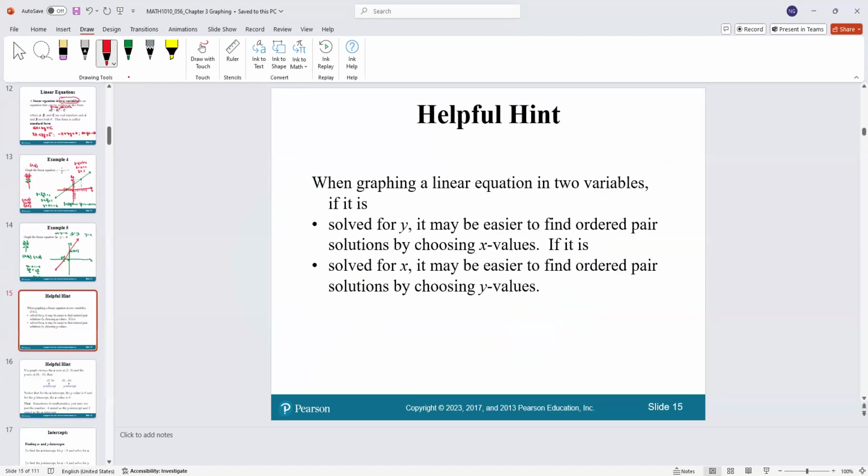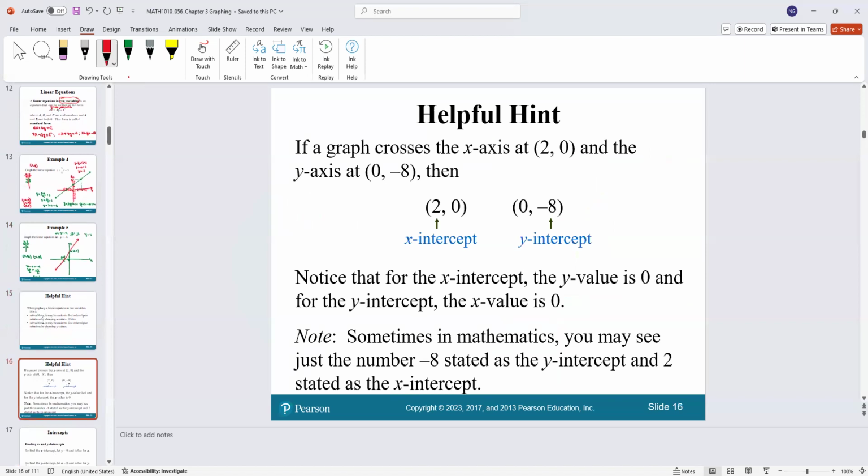When graphing a linear equation in two variables, if it is solved for y, it may be easier to find ordered pair solutions by choosing x values. If it is solved for x, it may be easier to find ordered pair solutions by choosing y values. So you choose what to do. If a graph crosses the x-axis at (2, 0) and the y-axis at (0, 8), then we call those intercepts.